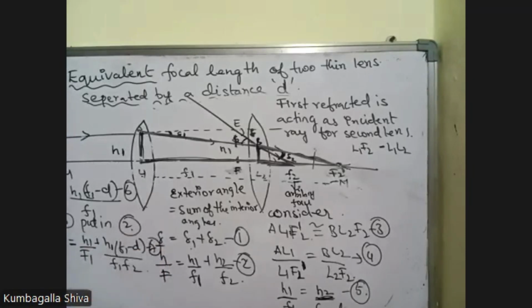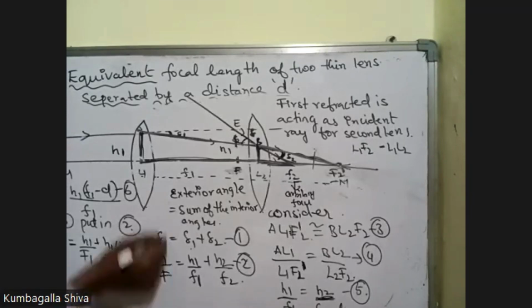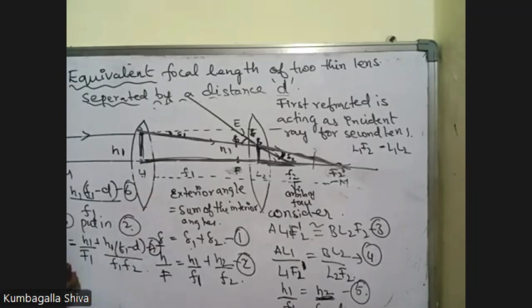Now in this seventh, I can remove the total height, that is H1. I've written this is H1. Sorry, I have not mentioned H1 by F. Now H1 gets cancelled. I get 1 by F is equal to 1 by F1 plus F1 minus D by F1 F2.